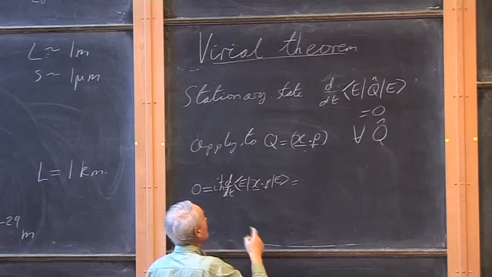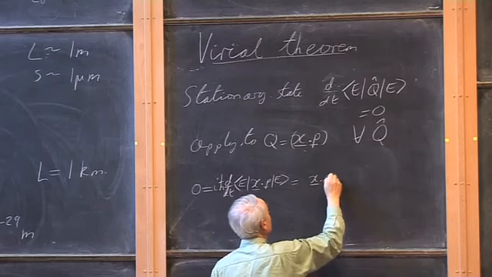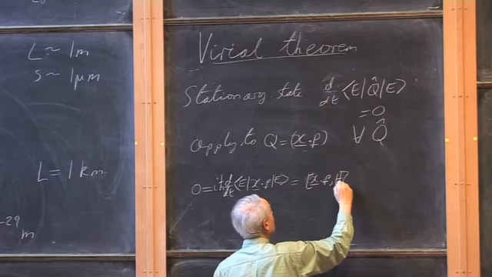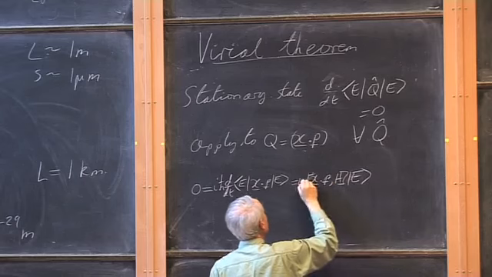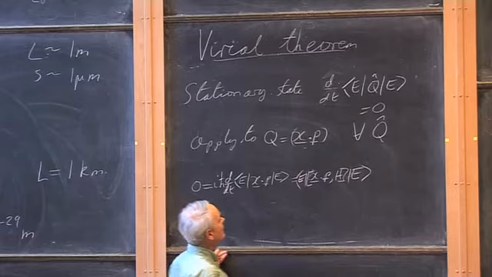That, by Ehrenfest's theorem, is the expectation of the commutator x dot p comma H. So Ehrenfest's theorem tells us that this rate of change, which vanishes, is equal to this here.